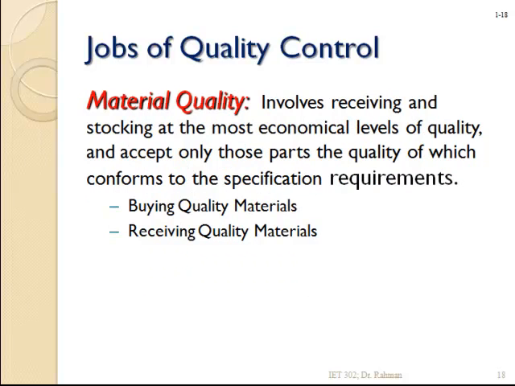Similarly, there are other activities we do. The material quality, and that involves the receiving of products. We need to receive the product, which should maintain a basic level of quality, and also it should be economical.